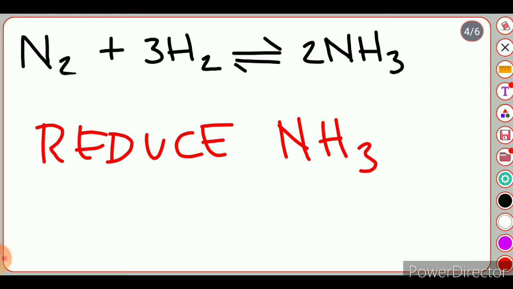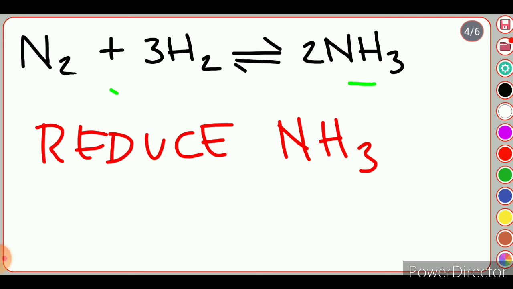For that, the forward reaction increases. We know that when the product decreases, the system will try to increase the product. For that, more reactants are again converted to product. So it will increase the rate of forward reaction.